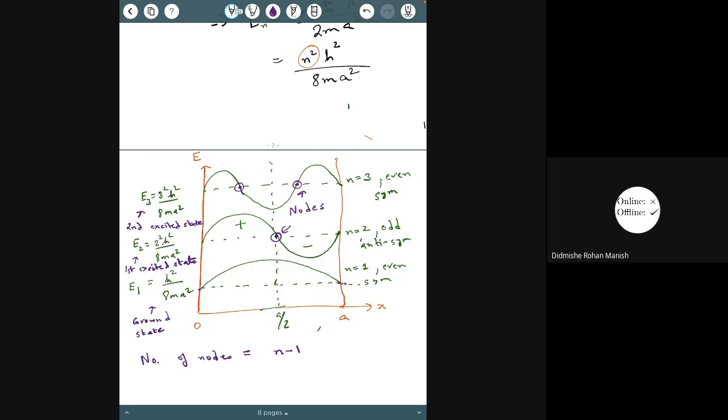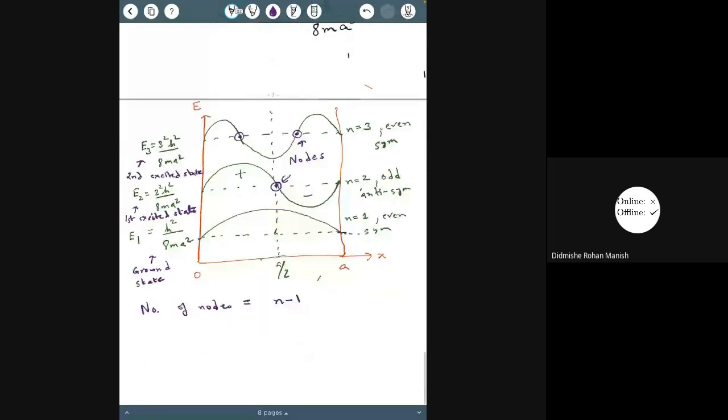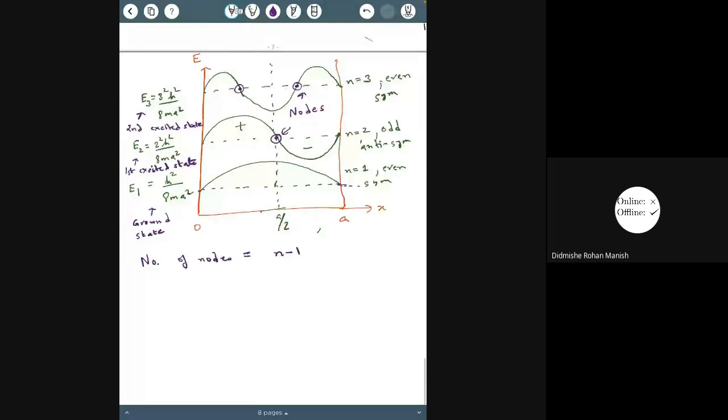To find the nodes, you have to find the points where the wave function is 0. So the condition for nodes is n pi x by a equal to pi, 2 pi, 3 pi, etc. These are the points where the wave function, that is the sine, becomes 0.